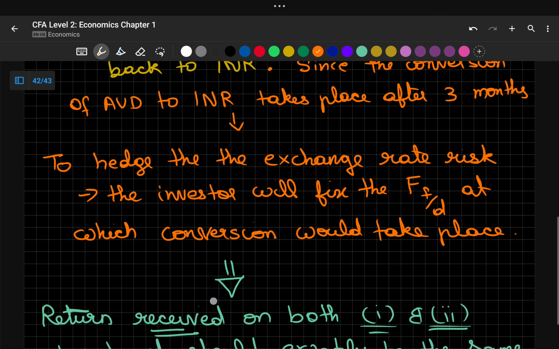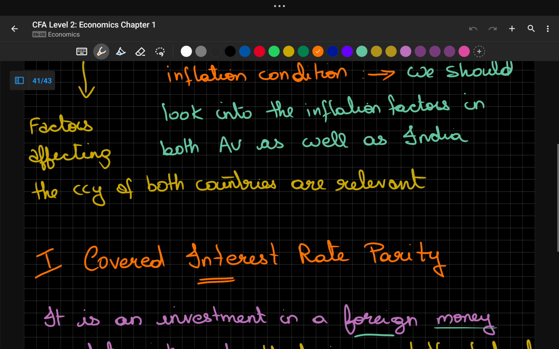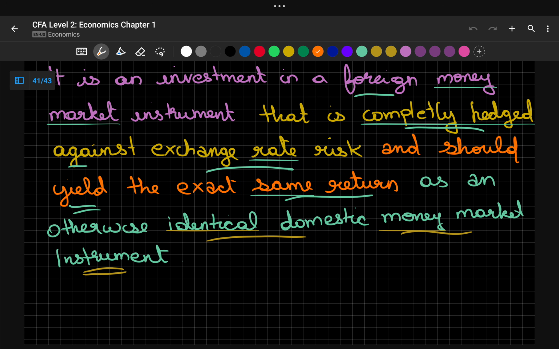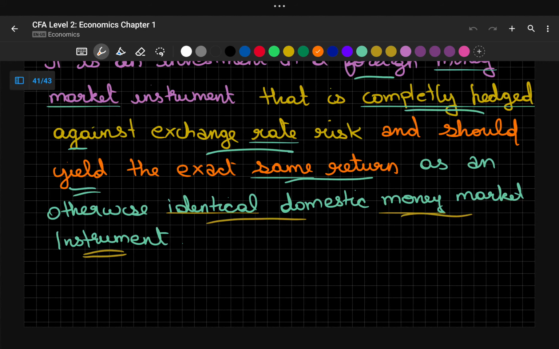Only then would the returns from AUD and INR be exactly the same.